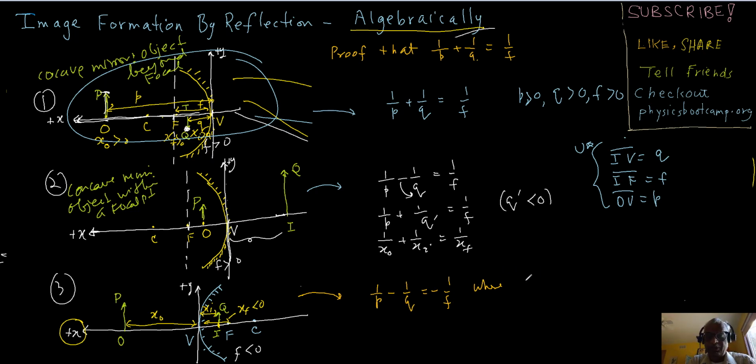So P is distance OV, Q is distance IV, and F is distance FV. Everything is from the corresponding distance, and you can come out with this, but if you just look at the x's, this is going to be 1 over XO plus 1 over XI equals 1 over XF.